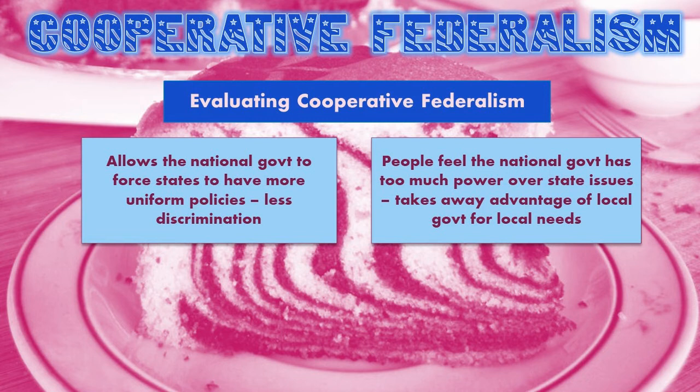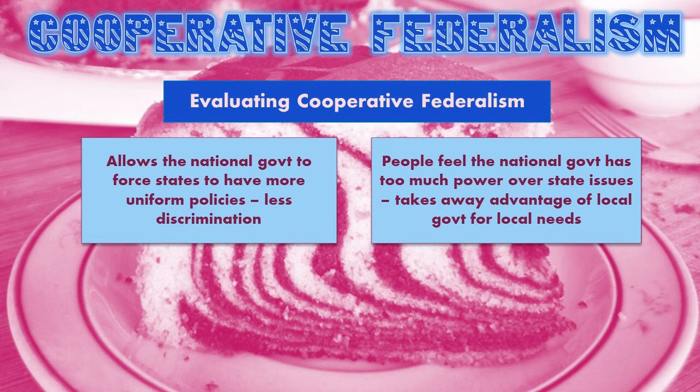We don't have to worry so much about uneven treatment across state lines or uneven services available to citizens and things like that. The more the national government gets involved, the more our policies would be the same everywhere. And you, as a kid growing up in Tennessee, would have a very similar experience as a kid growing up in California or a kid growing up in New York.